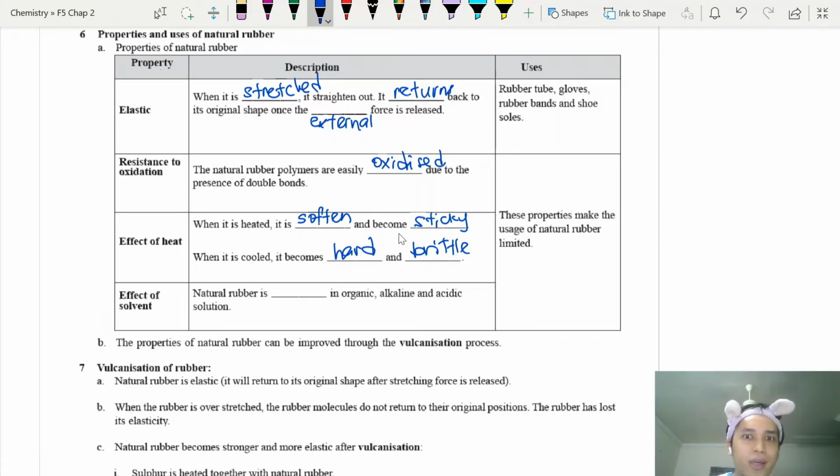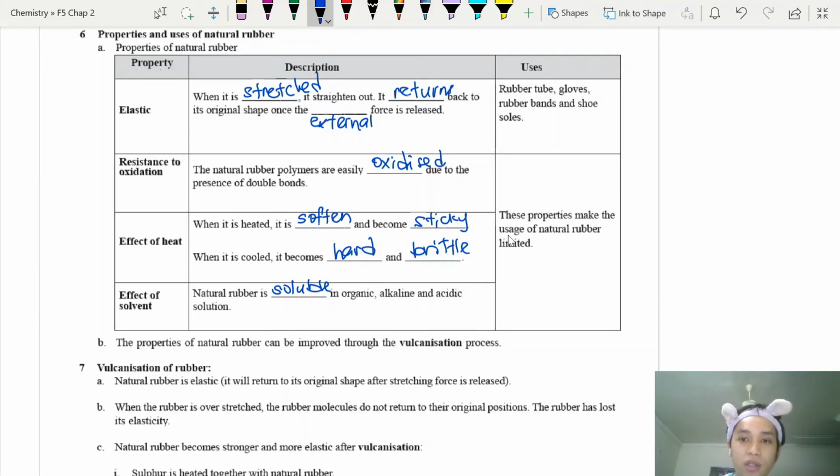If your temperature changes very rapidly from very high to very low, your rubber is technically going to be spoiled, because it cannot withstand high changes in temperature. Next, the effect of solvent. Natural rubber is soluble in organic solvents. These three things are the disadvantages of natural rubber: they are easily oxidized, they do not withstand extreme conditions, and they are not resistant to certain solvents.